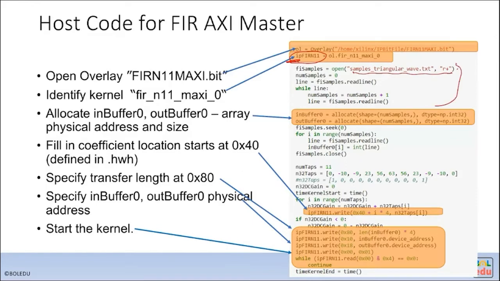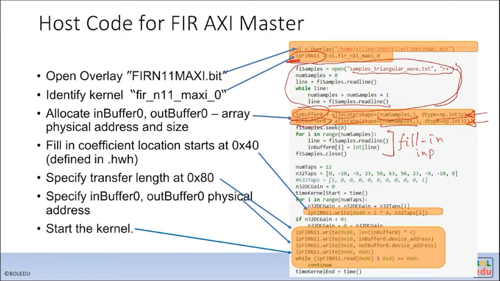Here you simply find out how many samples there are. Then, with the number of samples, you need to create the input buffer and the output buffer based on the number of samples. Each sample is 32 bits, so you allocate the memory buffers, in buffer and out buffer. And here you fill in the input buffer.